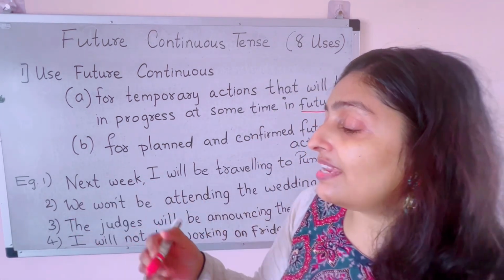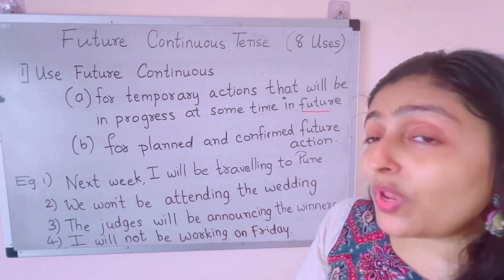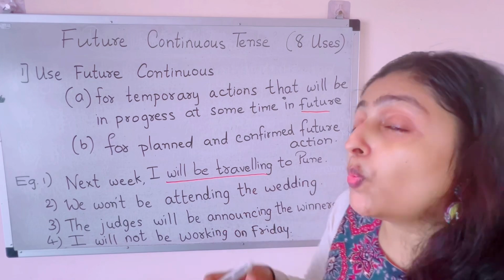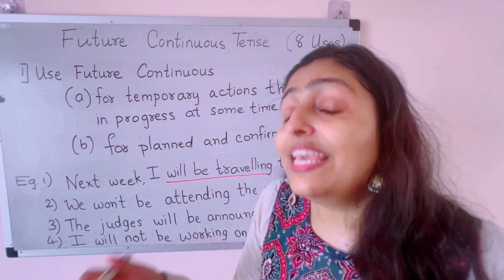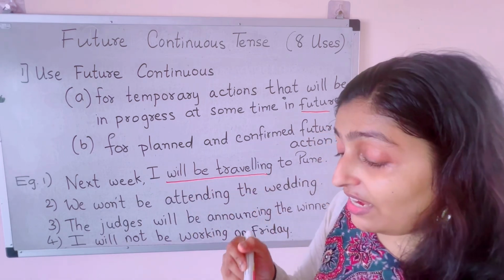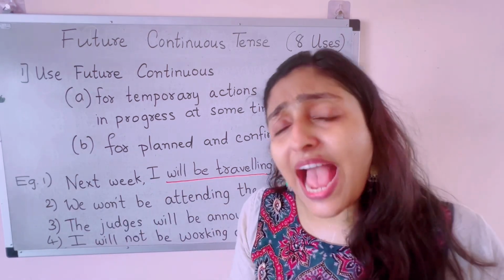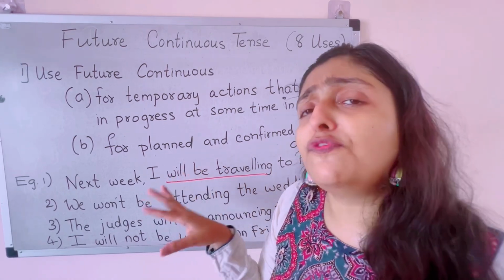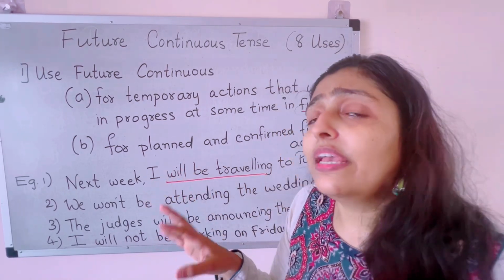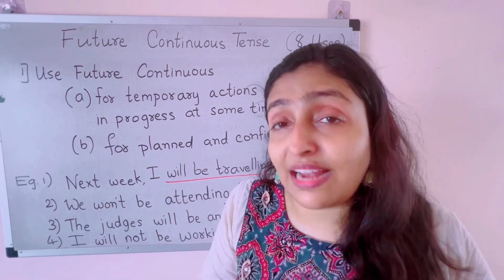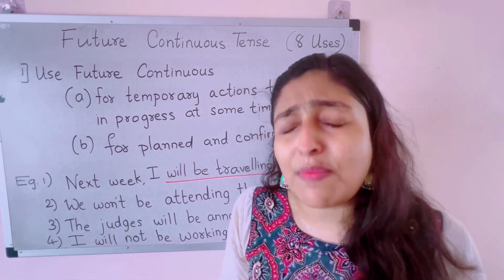The first example is: next week I will be traveling to Pune. So will be traveling is in future continuous tense. Will be traveling. You can also say I shall be traveling. Okay, so why have I used future continuous here is because traveling means I won't be static or fixed at one place.